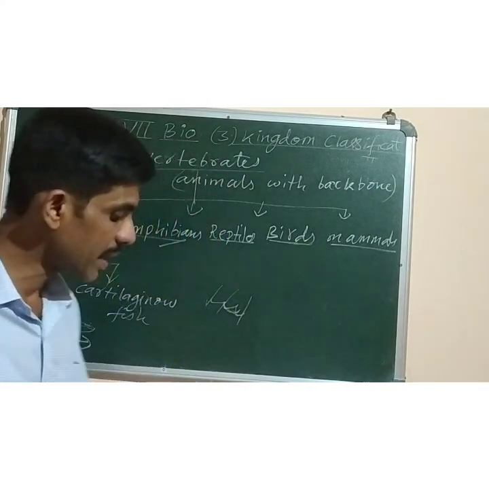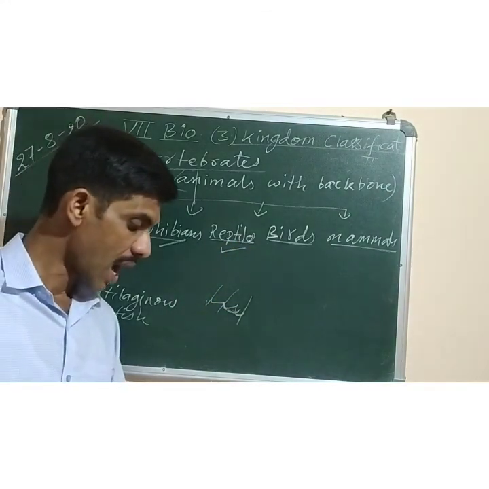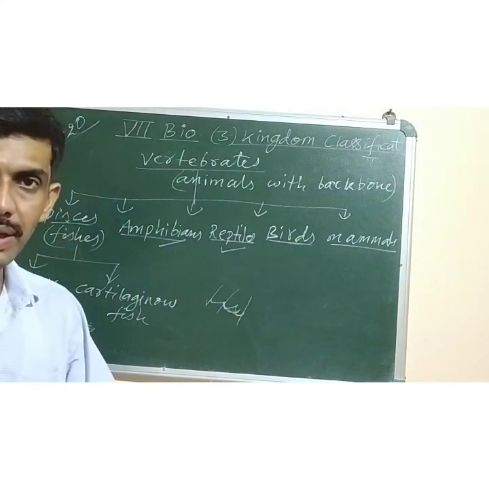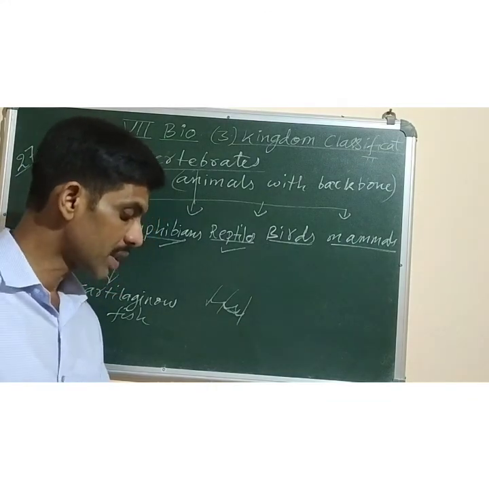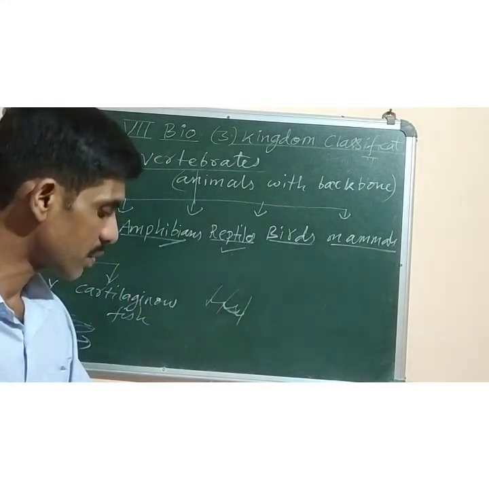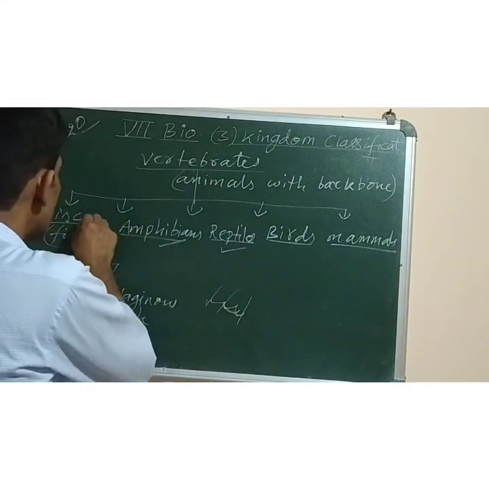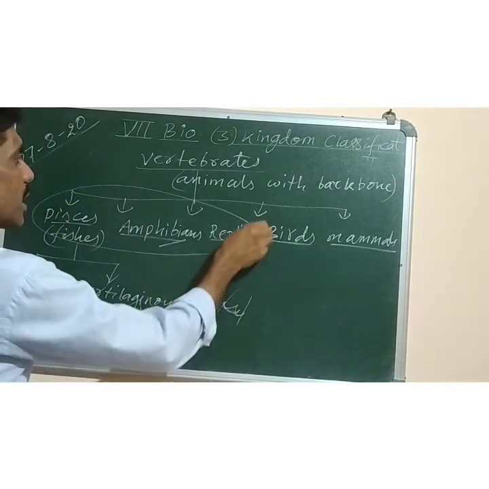Now next we have the reptiles. Reptiles are those group of animals which are mostly found on land. Some of them may be aquatic, like the snakes which are found in water, aquatic snakes. Number 2, they are cold-blooded animals just like the fishes as well as the amphibians, because all these 3, fishes, amphibians and reptiles, are cold-blooded.